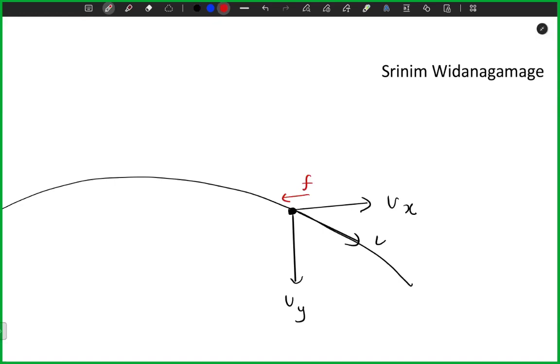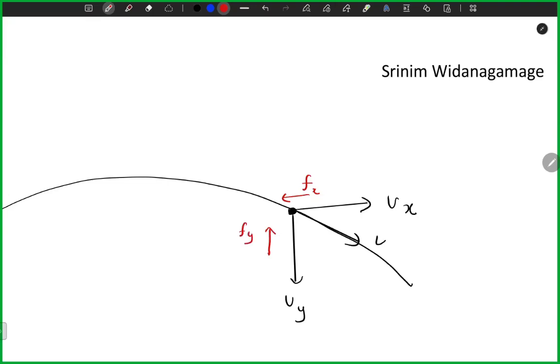And this sphere is also going downwards. If it's going down, then the resistive force should be acting upwards. Fx is the resistive force acting in the horizontal direction, and Fy is the resistive force acting in the vertical direction.